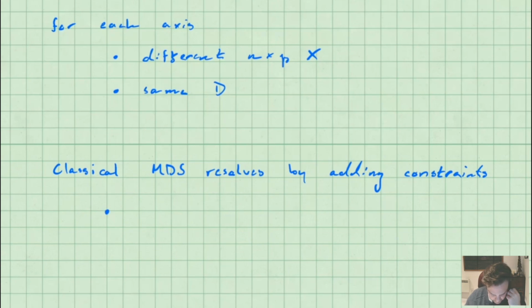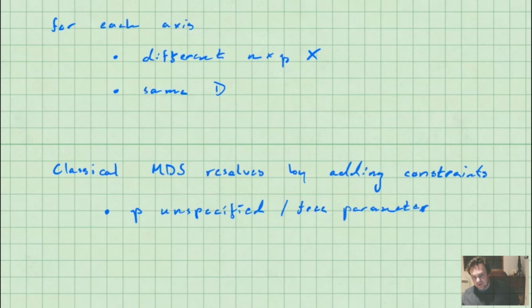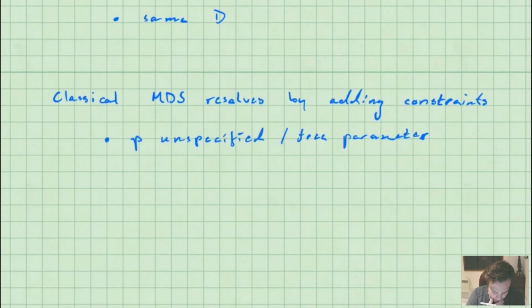First of all, the first one is not really a constraint exactly, but we'll say that P is not specified. In other words, it's a free parameter. So to do classical multidimensional scaling, you have to specify the number of dimensions that you think the data matrix had, or number of columns, and then you go from there. So you'll have to play around with this to decide what's the best P. That's up to you. You have to have some scheme for that.